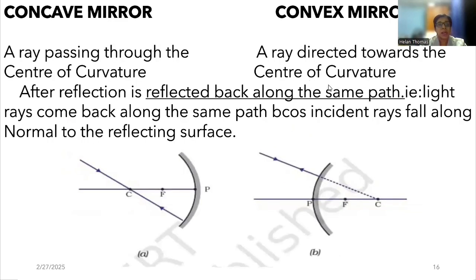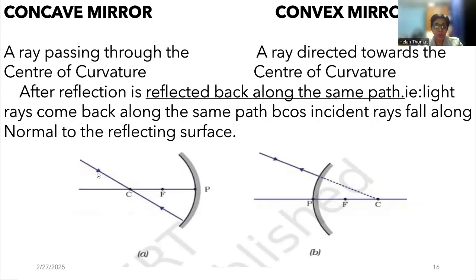A ray which is passing through the center of curvature, after reflection, traces back the same path. So this is the easiest of all. The ray that passes through the center of curvature, be it a concave mirror or convex mirror, will trace back the same path.